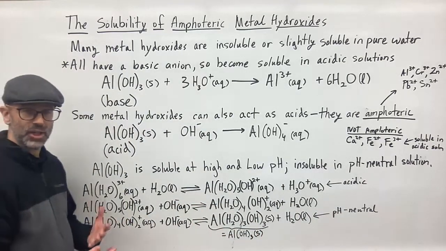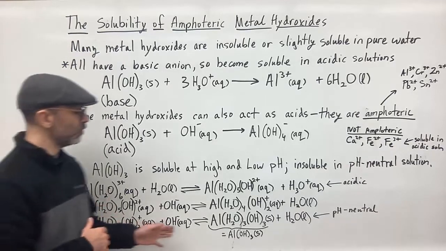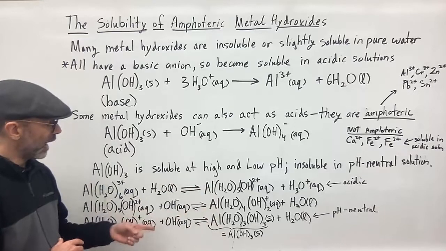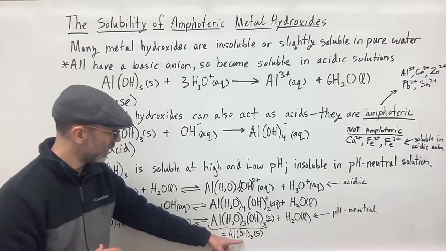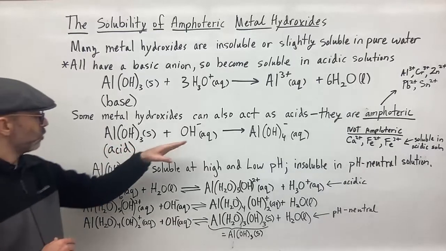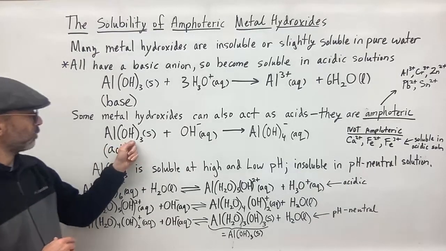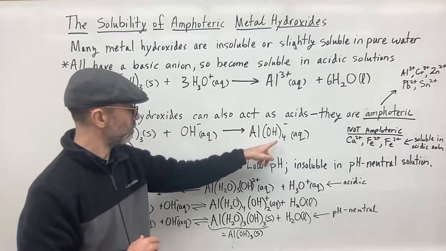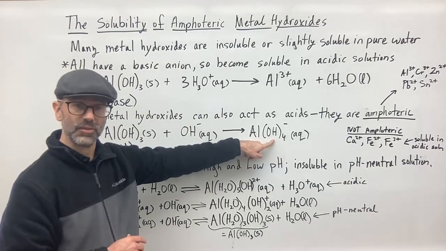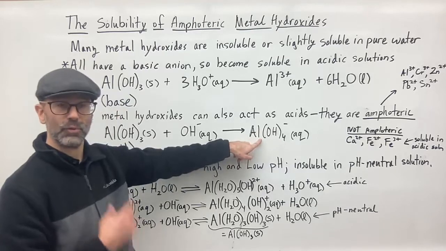So you can imagine now if we continue to keep throwing base in there, the hydroxides will keep adding to the aluminum here, just like we saw here. So we add more base. At this point, we're adding more hydroxide ligands. And so this would be like with 2 waters.